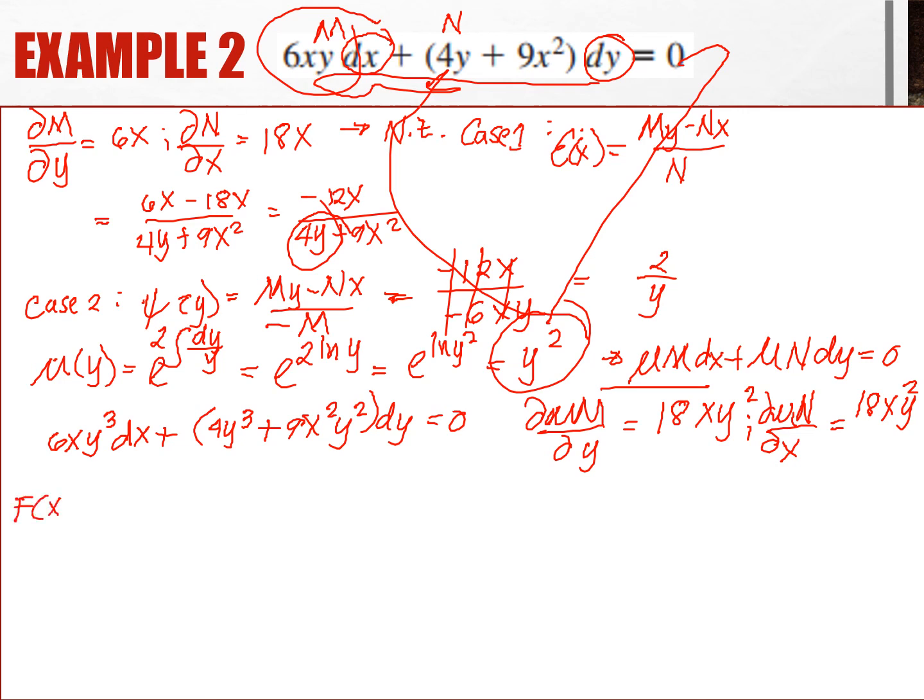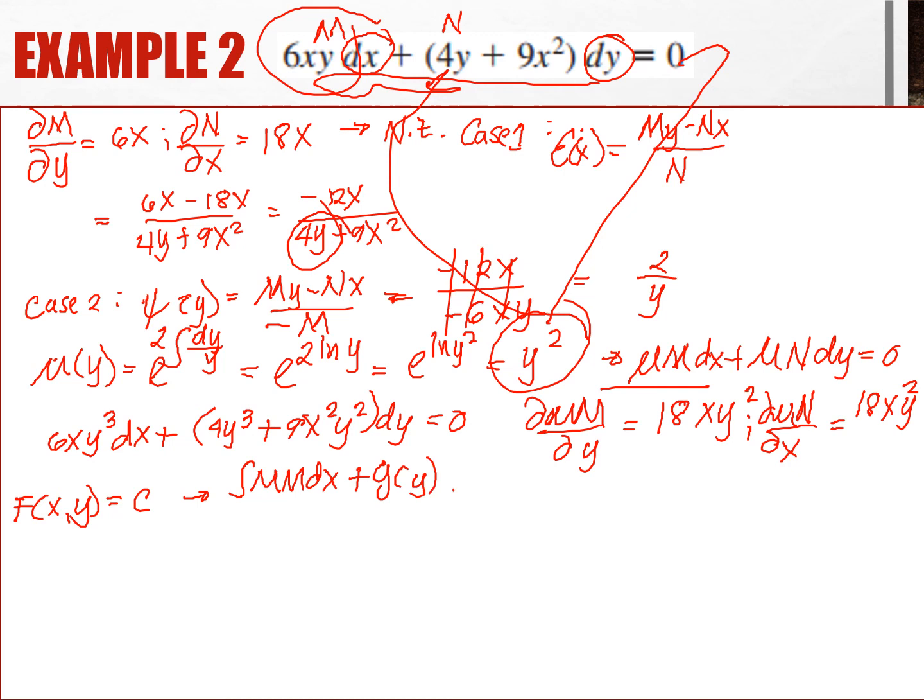We have f as a function of x, y equal to c, which can be found by first integrating mu M dx plus g of y.